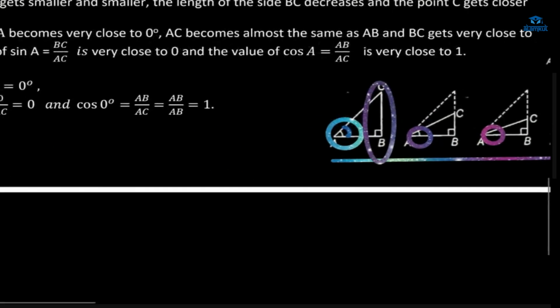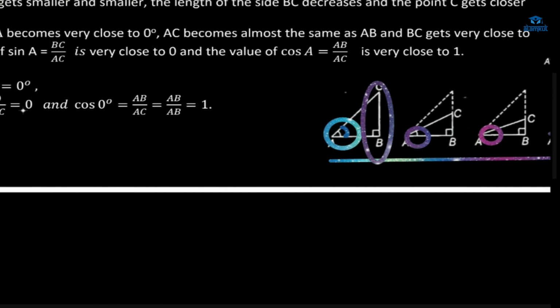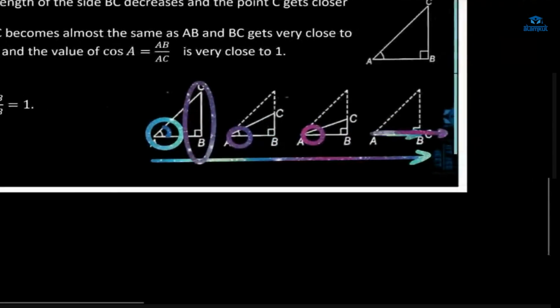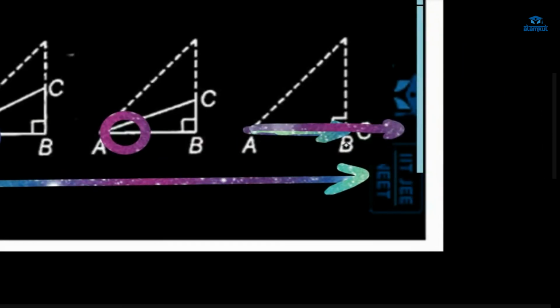Here BC is 0. How? Because where the B is there, C is also there. Is there any distance between B and C? No, ma'am.